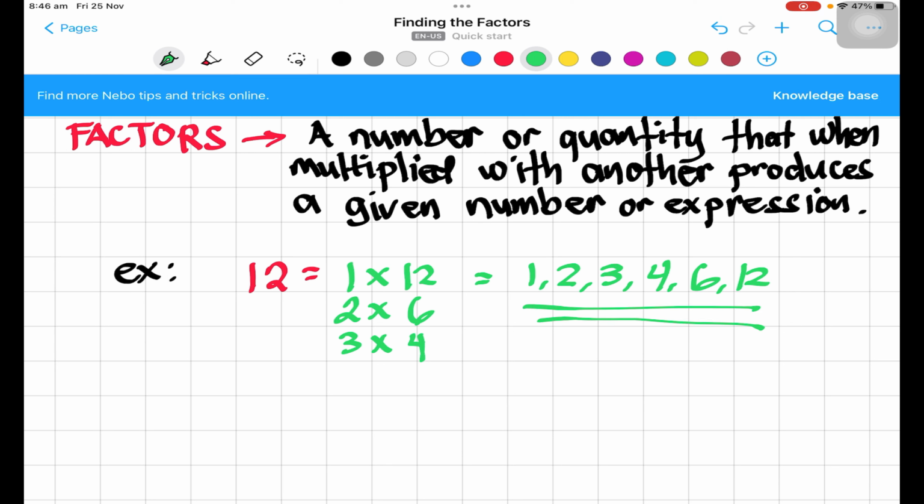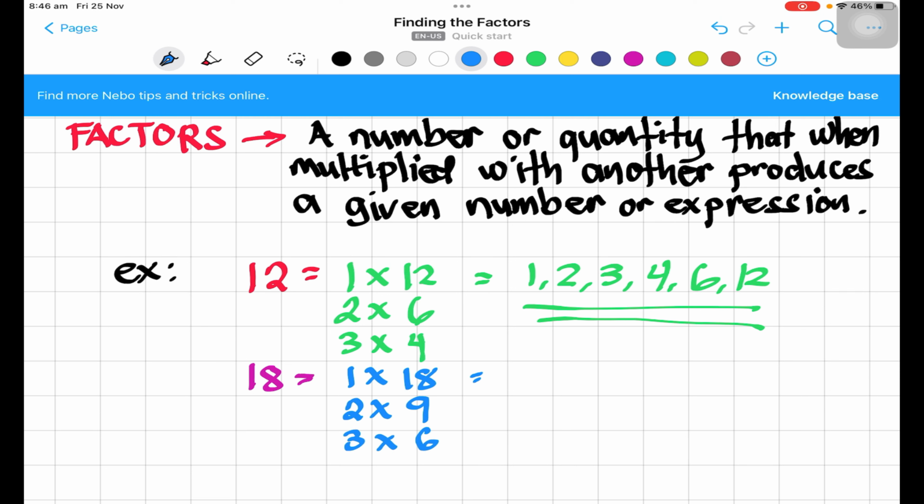Another example. If you have, let's say, 18, what are the numbers multiplied together to get 18? It can be 1 times 18, 2 times 9, another one is 3 times 6.